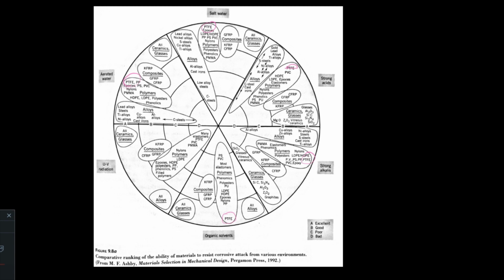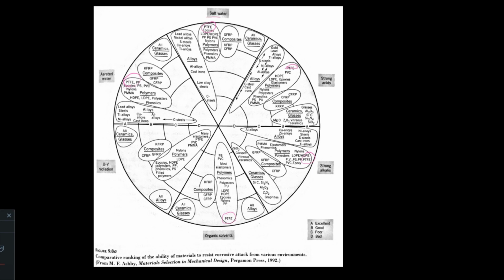If you looked at alloys, though, all alloys don't do well in organic solvents, and different alloys perform different ways in acids. So basically you can use this chart to take a look at if you're considering using a material or you know that your material is going to be in some environment.